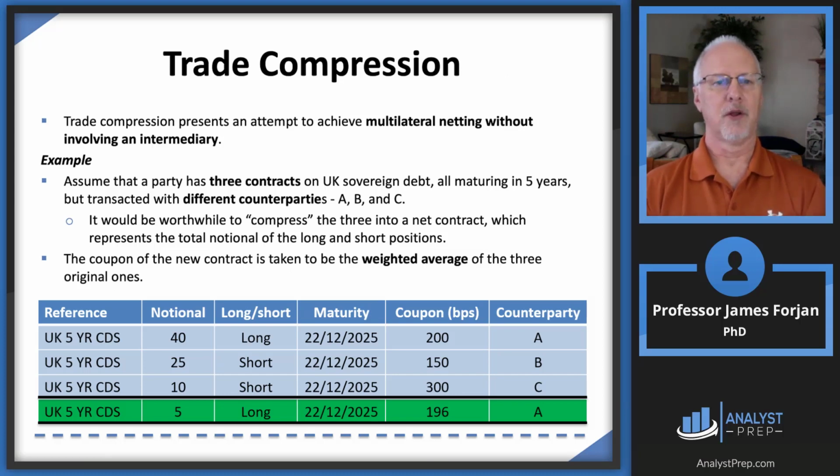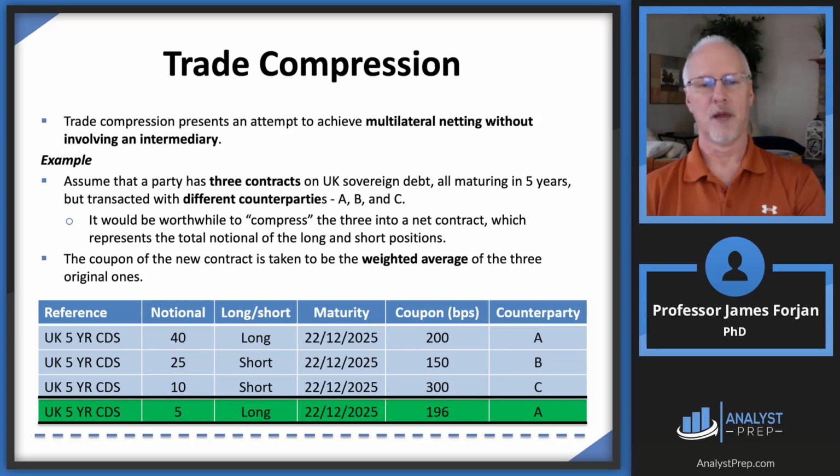Now, I did say earlier that there wasn't any math involved in this chapter, and there is not, but this trade compression example probably gives you a good notion of how this might work. So let's suppose that, look down the left-hand column, we've got 3 5-year credit default swaps with different notional amounts, and we have different positions.